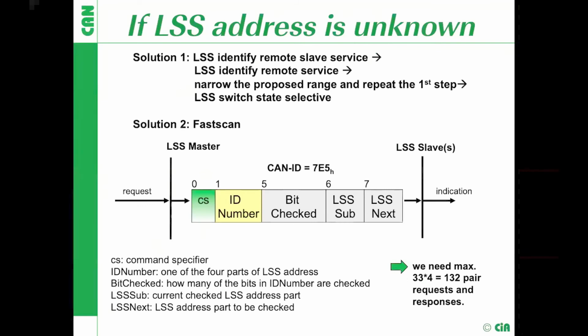The next case is if the LSS address is unknown. There are 2 mechanisms defined in CiA 305. Solution 1 uses the identify remote slave service. The LSS master proposes a vendor ID and a product code and the range for revision number and serial number. Then the LSS master narrows the proposed LSS address range.